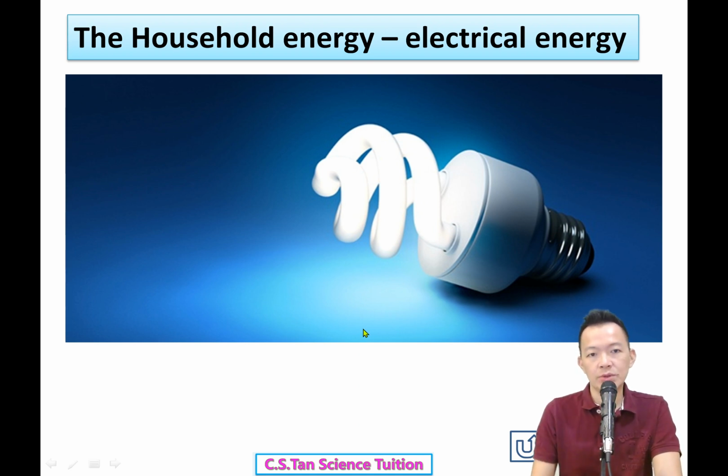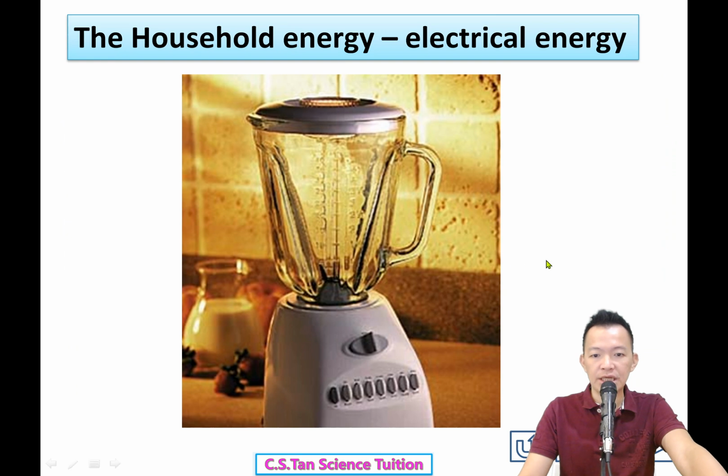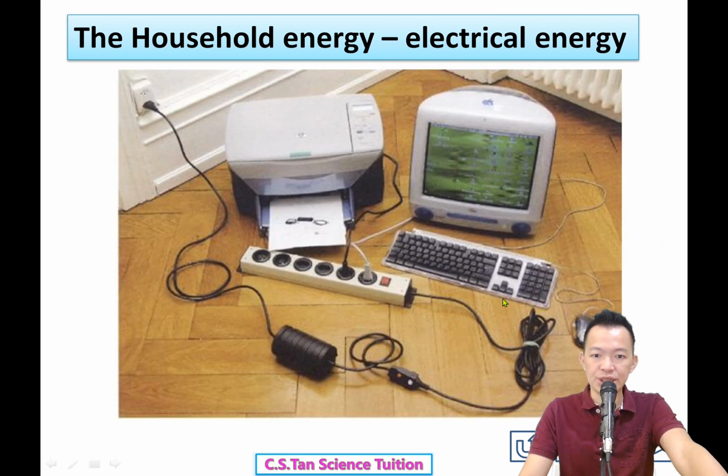Before I start, I just want to tell you, for all the household energy, every day in our house, almost 100% of energy is actually electrical energy. 整个家用的能都叫电能，对不对? So whatever electric appliance in your house, most of them use electrical energy. For example, the blender, 这个搅水果的, uses electrical energy.